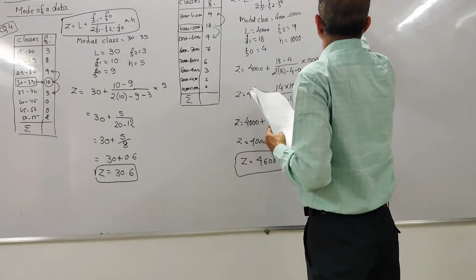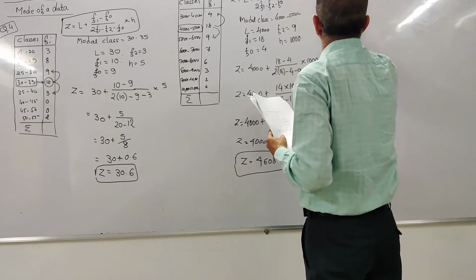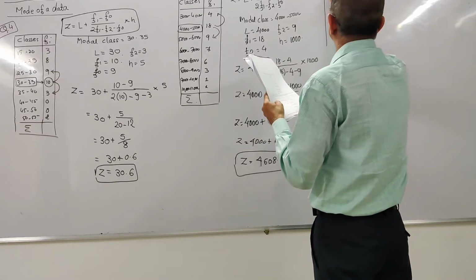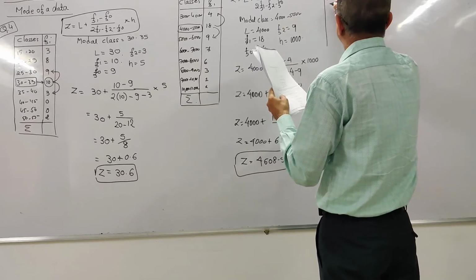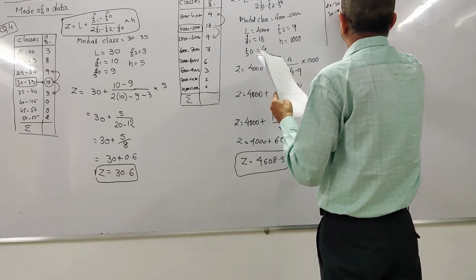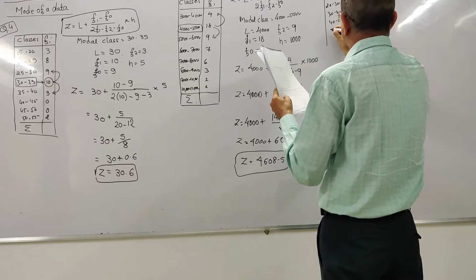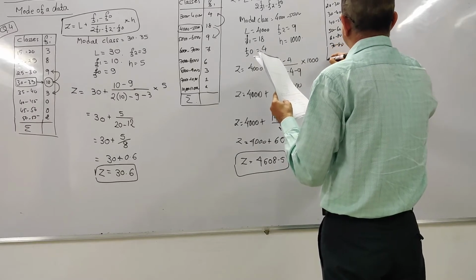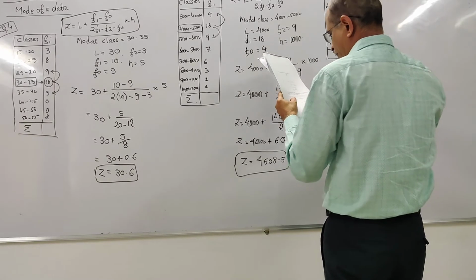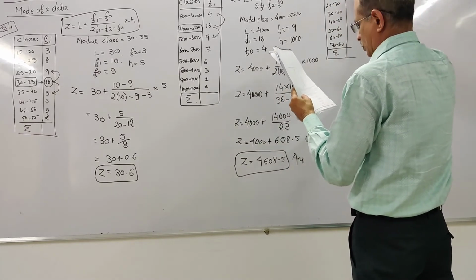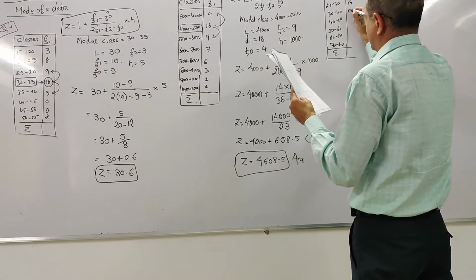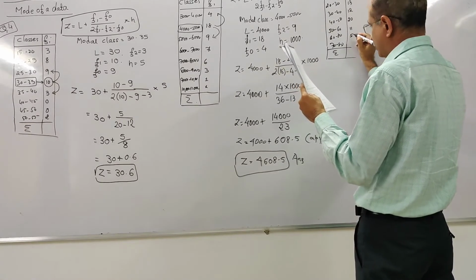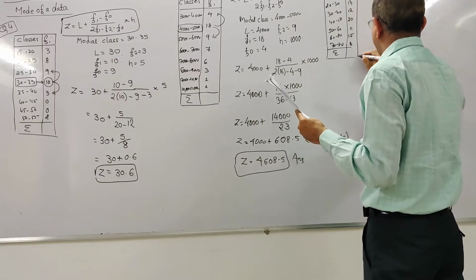The classes are given: 0 to 10, 10 to 20, 20 to 30, 30 to 40, 40 to 50, 50 to 60, 60 to 70, and 70 to 80. The frequencies are 7, 14, 13, 12, 20, 11, 15 and 8.